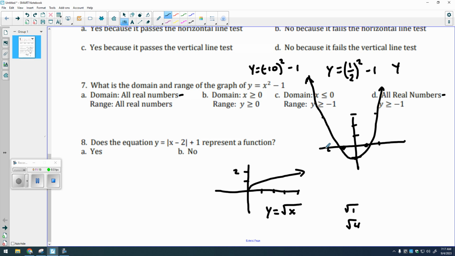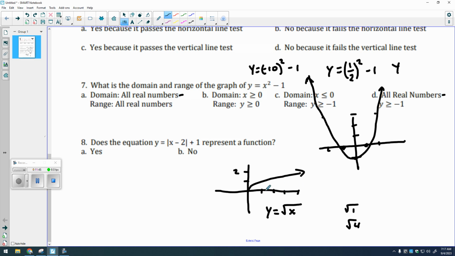Remember I said up here, every x has a y value that is associated with it. There are no x or y values over here. X will never be a negative number because I'll never get a y value that goes with it. Over here I do. When x is 1, y is 1. When x is 2, y is the square root of 2, 1.4, etc. When x is 3, and so on.